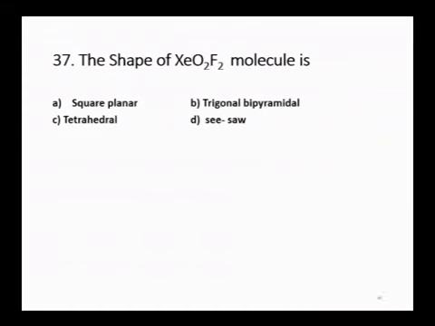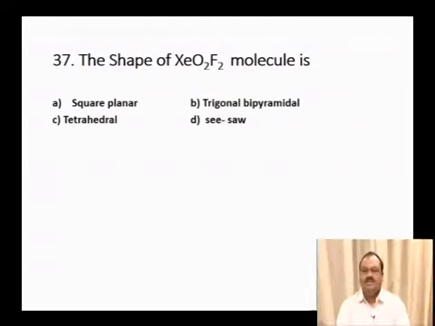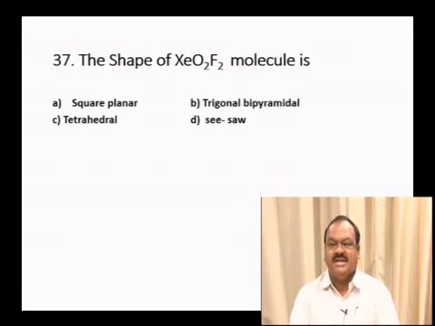The shape of the xenon dioxide difluoride molecule is, options: square planar, trigonal bipyramidal, tetrahedral, seesaw.